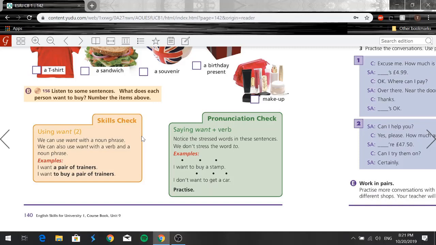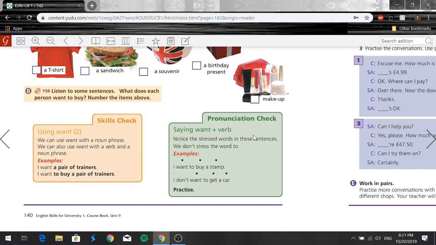So both are possible. I can say I want a pair of trainers. I can also say I want to buy a pair of trainers, right? So a noun phrase is fine, and a verb and a noun phrase together is also fine. So again, I want a pair of trainers and I want to buy a pair of trainers are both correct.